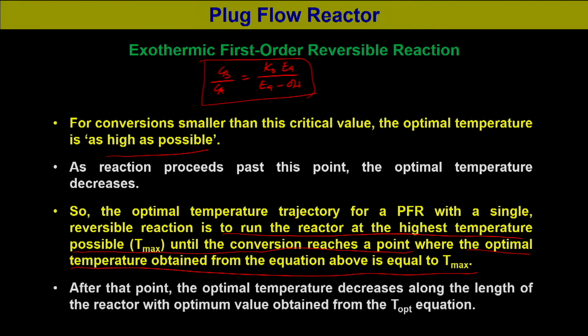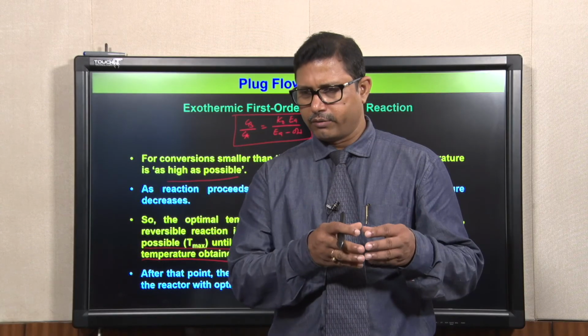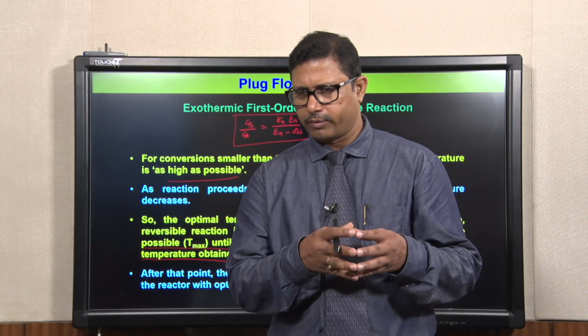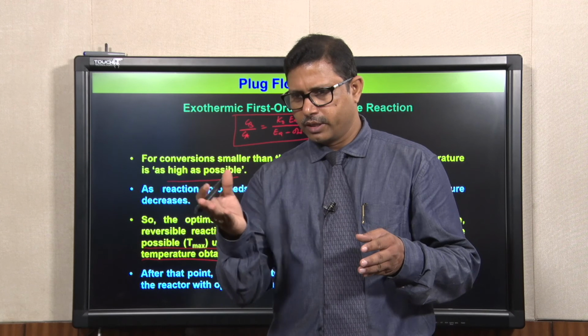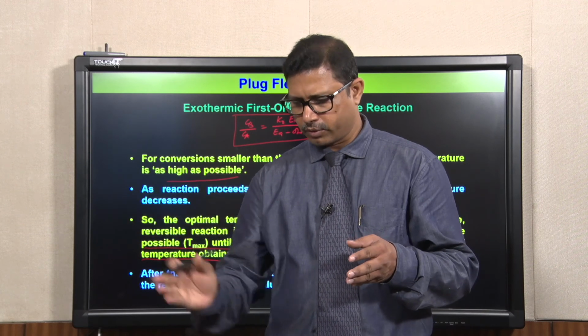After that point, the optimal temperature decreases along the length of the reactor, with the optimum value obtained from the T optimum equations. So, we have derived the equations to obtain the optimum temperature, which gives the optimum temperature progression.